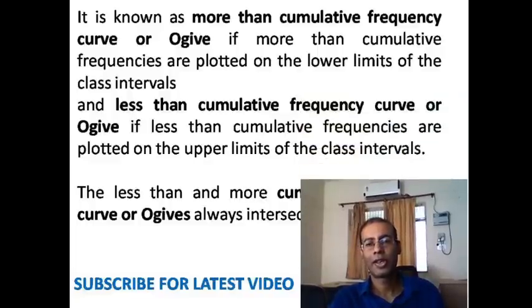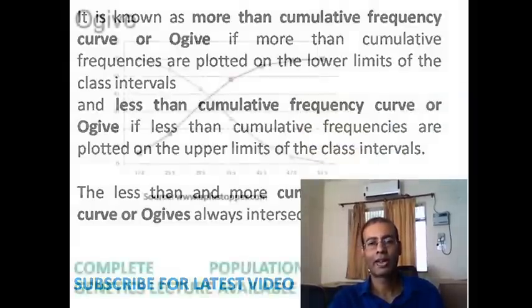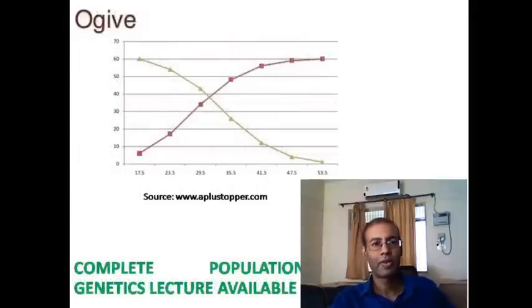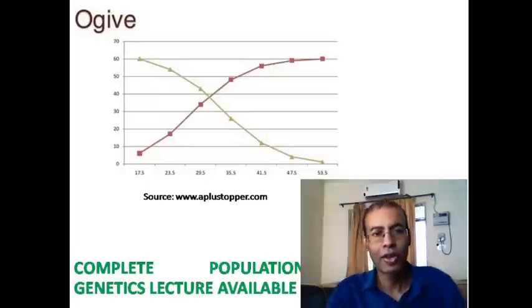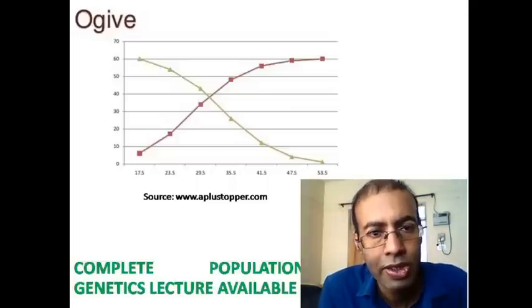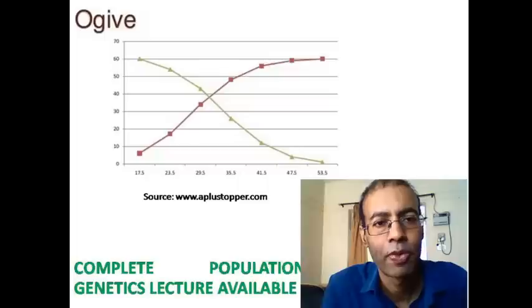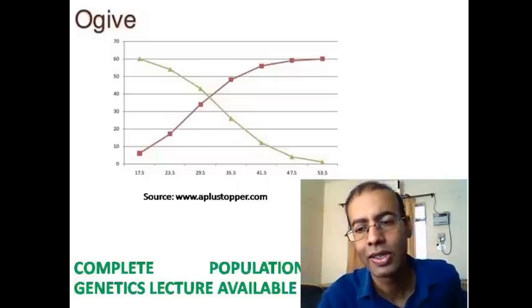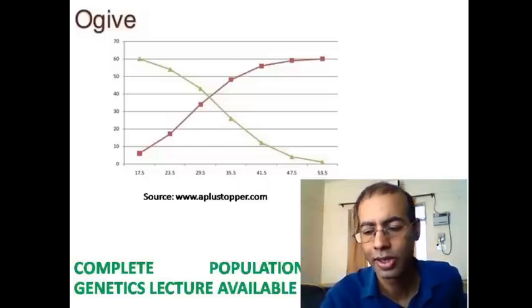On the next slide I will show how we can calculate the median with the help of more than and less than cumulative frequency curves. Here both curves are intersecting at a point, and the value at that point is around 30. So the median of the given data is slightly more than 30.